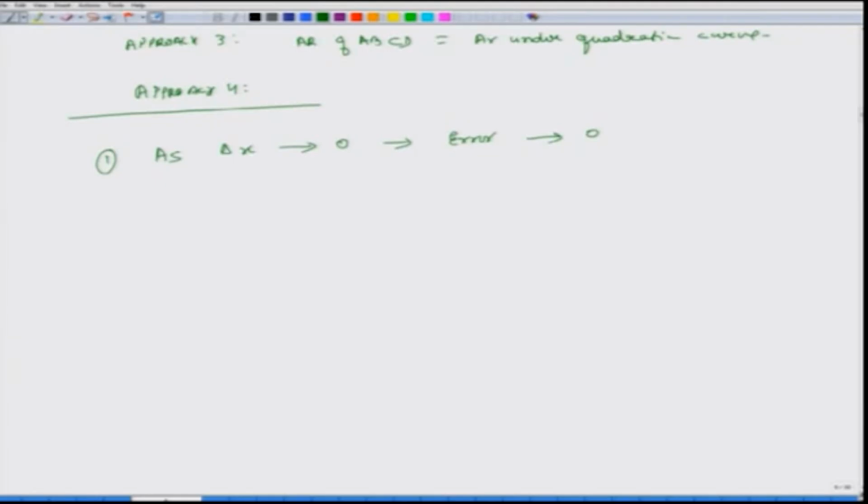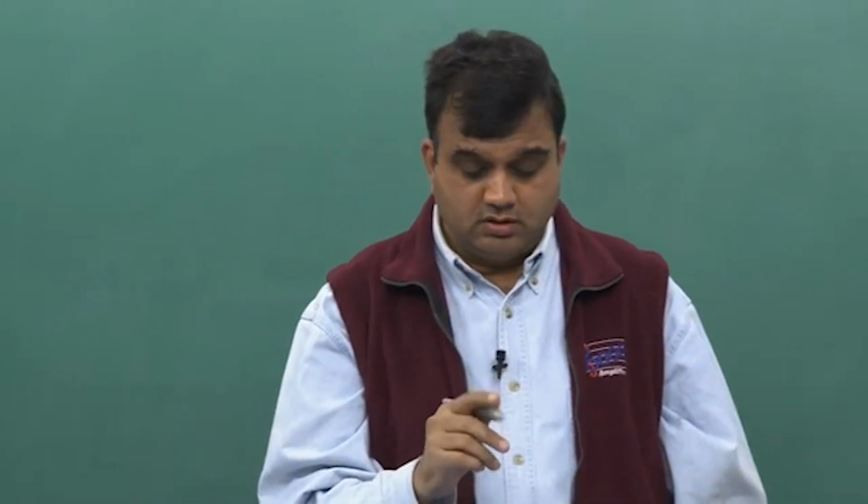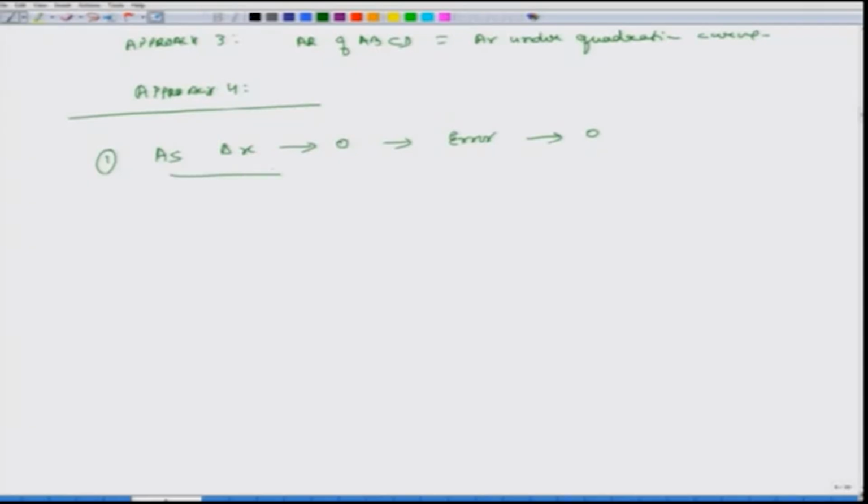This means that if the size of delta x is dx, which is infinitesimally small, then I will have 0 error. Agreed?